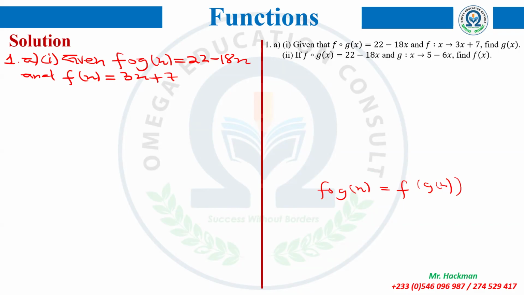So now the basic meaning will be useful, because I know my f. The f is given, so I can feed it with g of x. So this is what I'm going to write. My f of g of x is equal to f, I feed it with g of x.